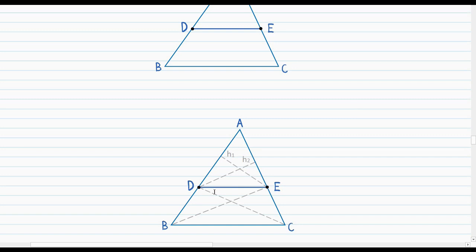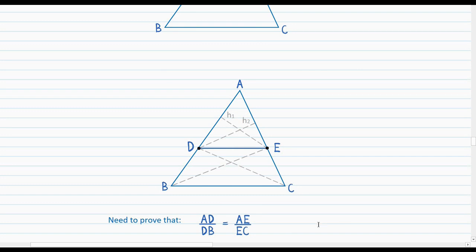And how I'll prove that the line DE, which is parallel to this third side BC, divides the other two sides AB and AC in the same proportion will be by showing that the ratio AD over DB is equal to the ratio AE over EC.